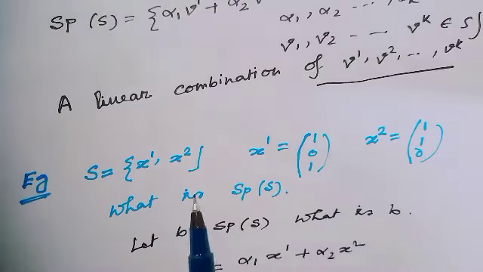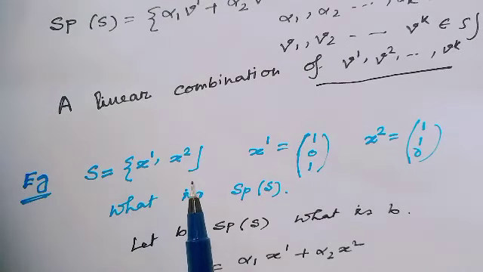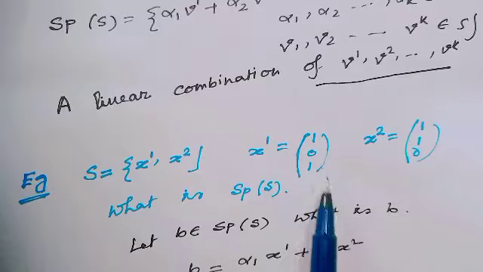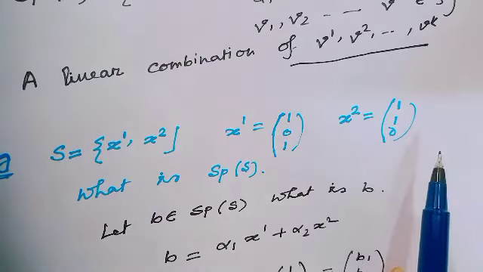Consider as an example, S contains x1 vector and x2 vector, where x1 equal to 1, 0, 1 and x2 equal to 1, 1, 0. Then what would be the span of S?